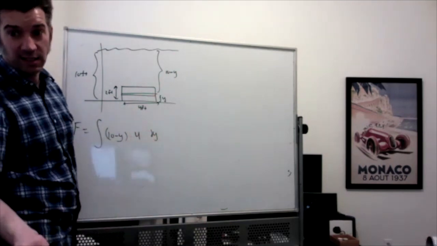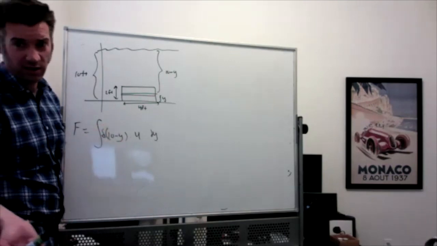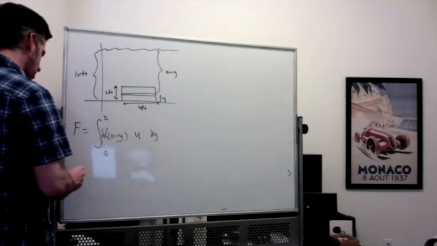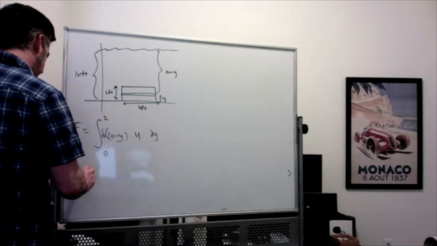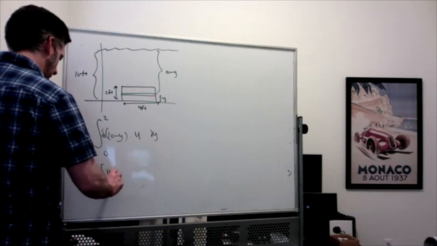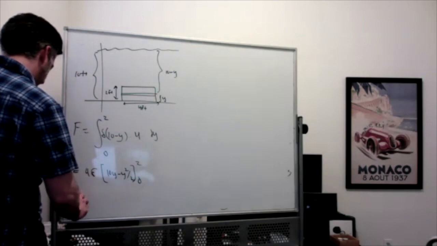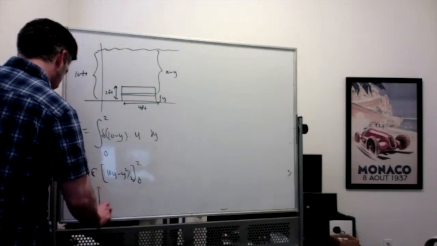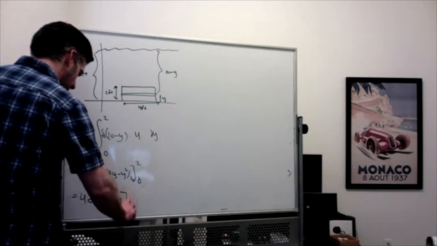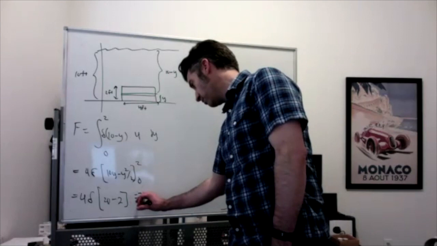Oh yeah, times the density, delta, density of whatever it is. I don't really care what it is right now. And that's going to be the integral from 0 to 2. So we're going to get 4 delta times the integral of 10 minus y, you get 10y minus y squared over 2, from 0 to 2. You plug that in, you get 4 delta times 20 minus 4 over 2, which is 2. So you get 4 times 18, which is going to be 72 delta.